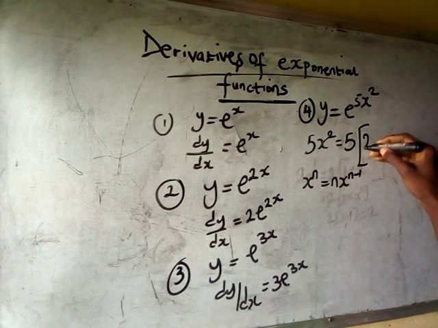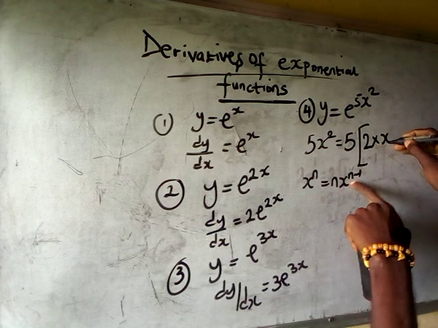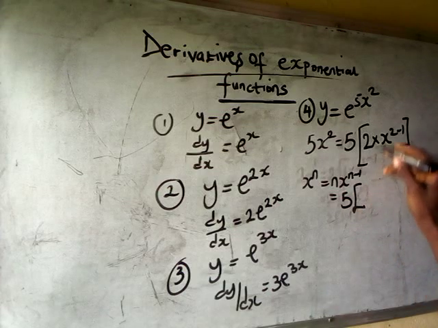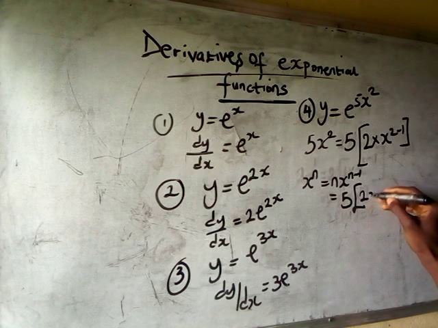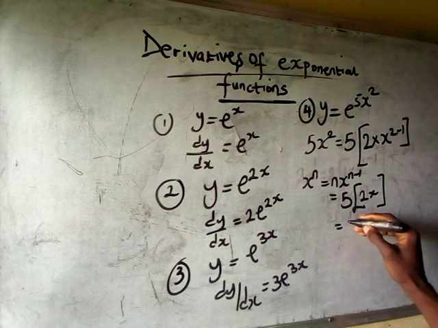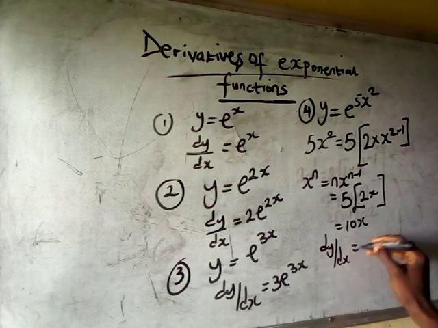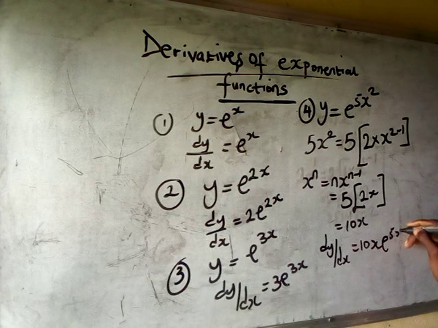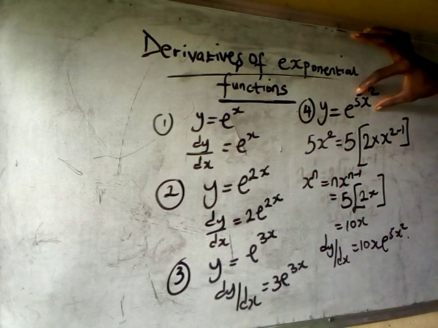So here will be 2, times x to the 2 minus 1. So here becomes 5 times 2x, which is 10x. So the derivative of this is equal to 10x exponential 5x squared.